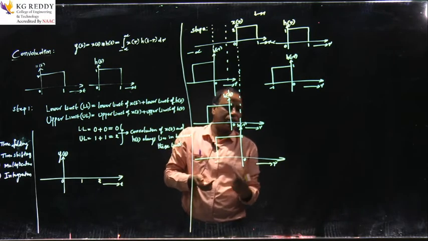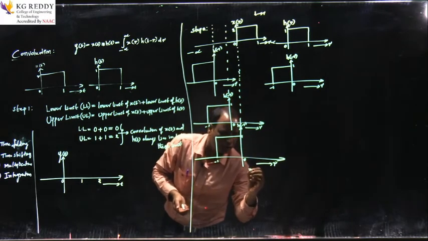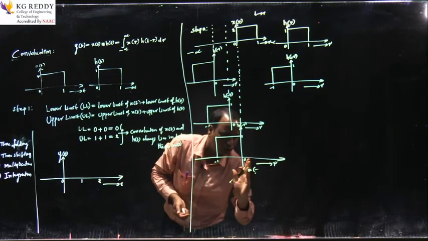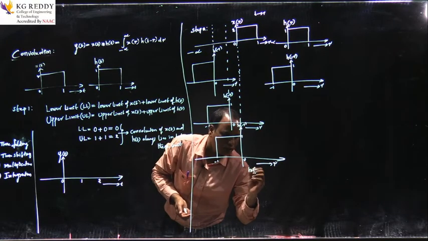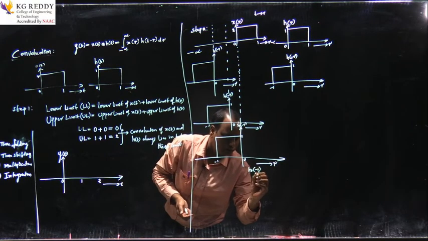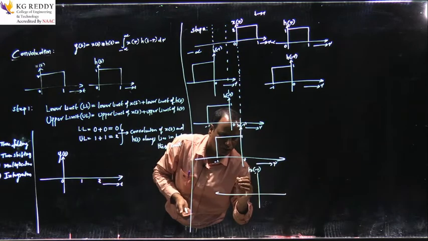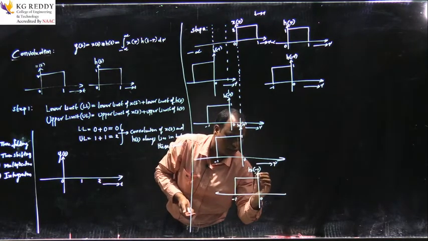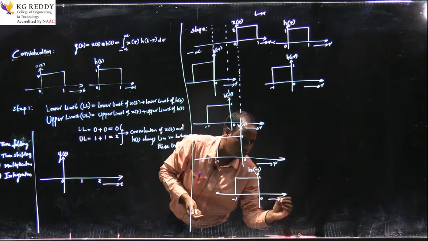If I keep moving the signal towards the right side, the next situation, if I say x of minus tau, h of minus tau, for this particular situation, let us understand this is 0 and this is again 1 and this is tau.